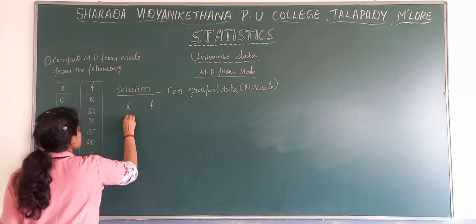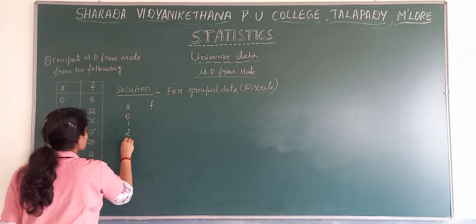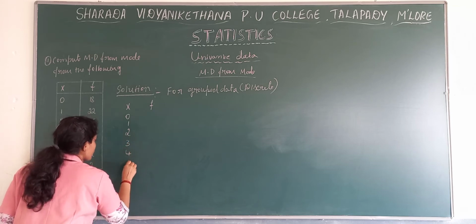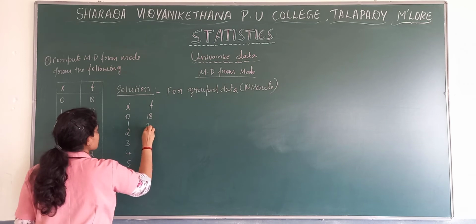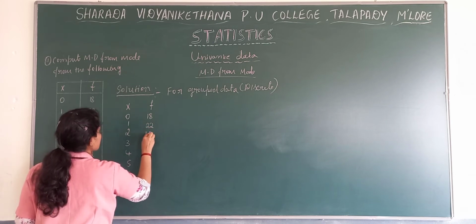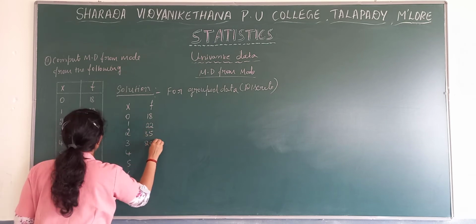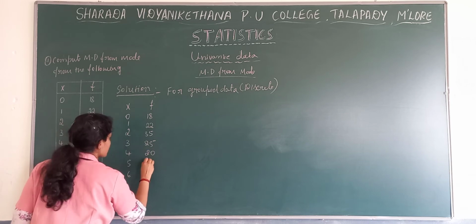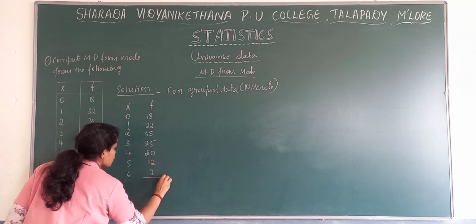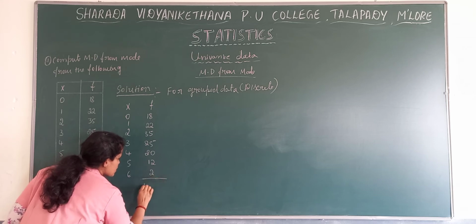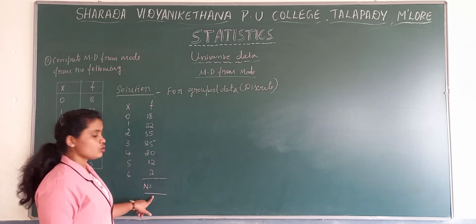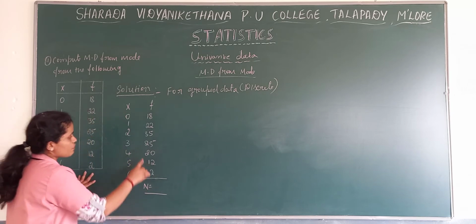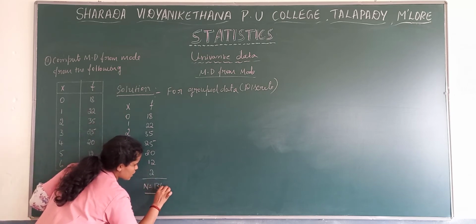The x values are 0, 1, 2, 3, 4, 5 and 6, and the frequencies are 18, 22, 35, 25, 20, 12 and 2. Now firstly we will total the frequencies and find the total number of frequencies. When we total it, here we get 134.